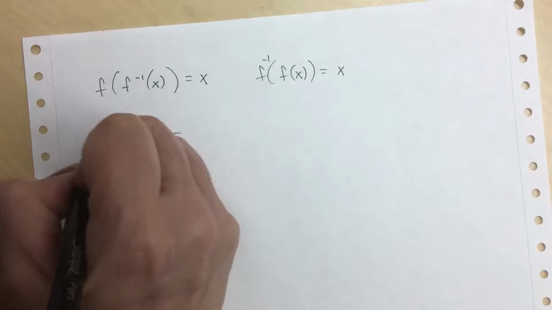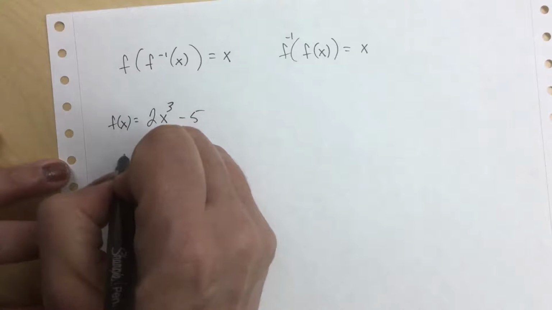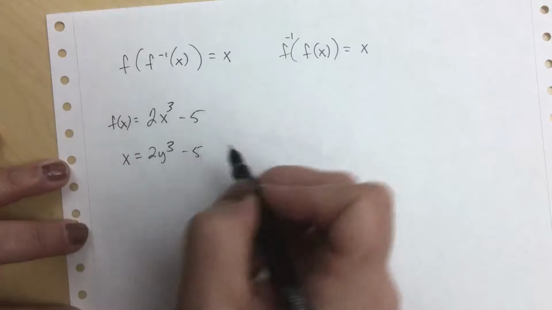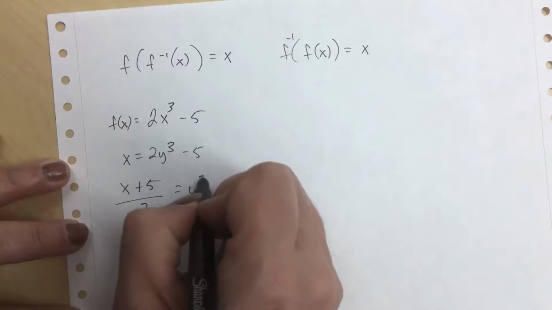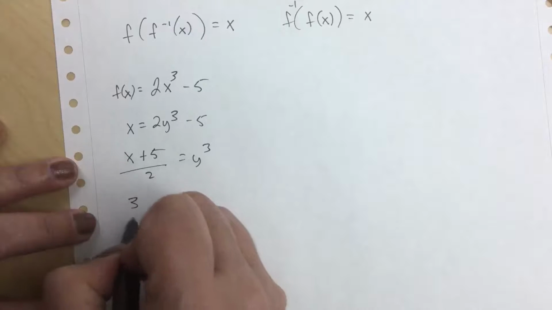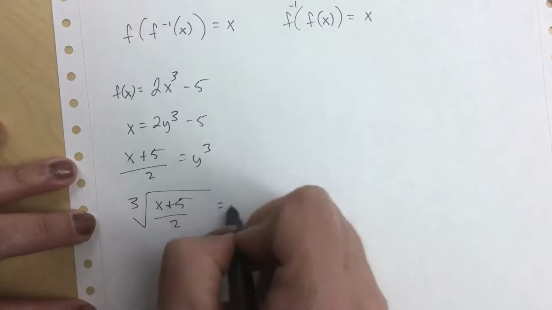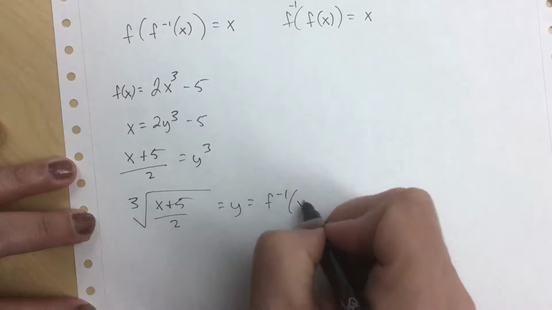Let's say f of x is equal to that. So let's find the inverse. That'd be x equals 2y cubed minus 5. So x plus 5 divided by 2 would be y cubed. So the cube root of x plus 5 divided by 2 would be y. So that would be f inverse of x.